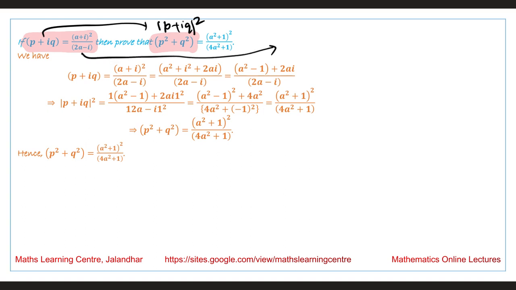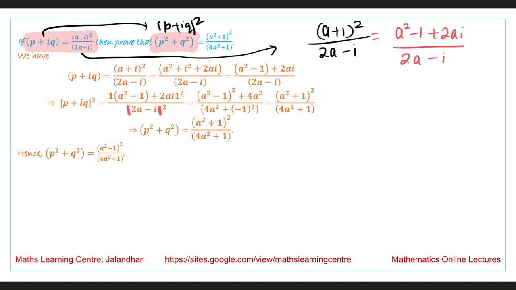The number we have is a plus iota square divided by 2a minus iota. If we open this whole square term, we get a square minus 1 plus 2a iota divided by 2a minus iota.